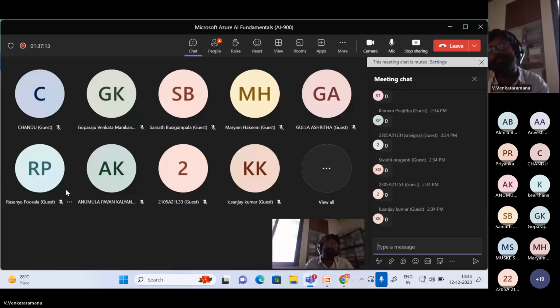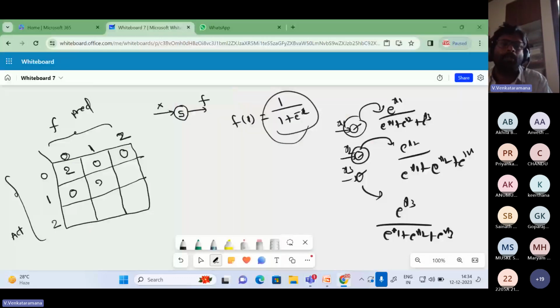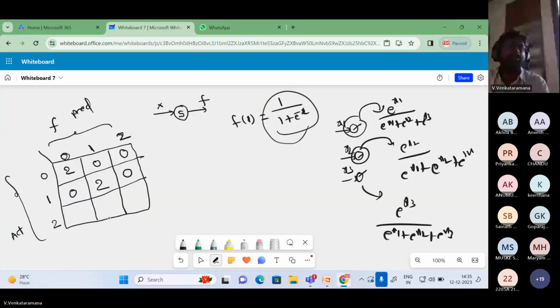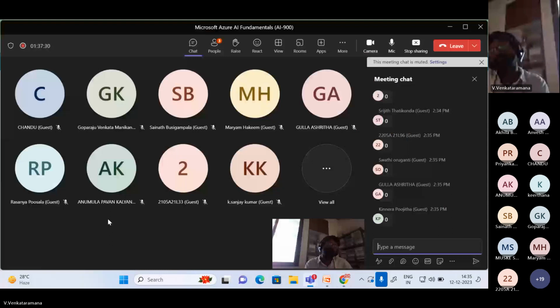Next, 1, 1. That means predicting a type 1 penguin, and actually it is a type 1 penguin. 2. Okay, very good. Thank you. And what about the 1, 2? 0. Thank you very much. Next, what about the 2, 0? 0.